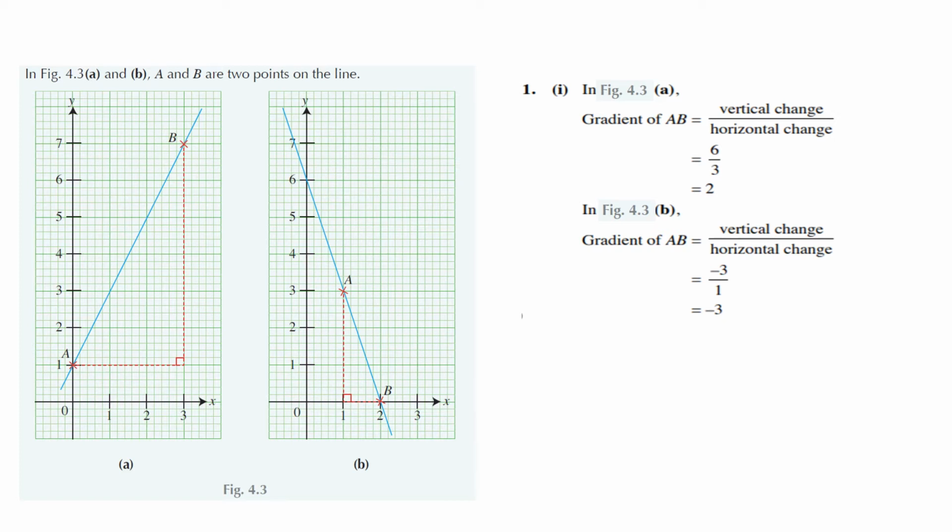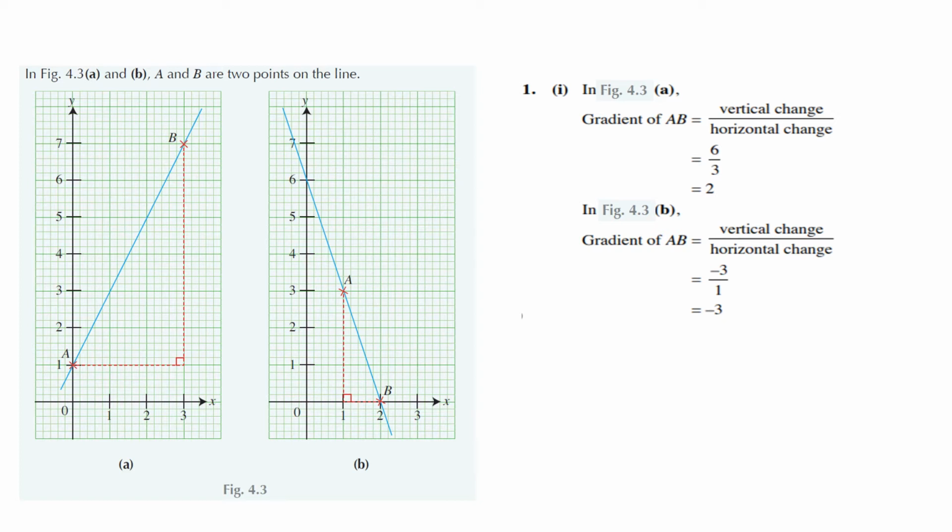In figure 4.3a, the gradient of the line AB will be calculated as vertical change over horizontal change. Here the vertical change is 6 and the horizontal change is 3. So on simplifying we will get 2. It means in figure 4.3a the gradient of the straight line AB will be 2.